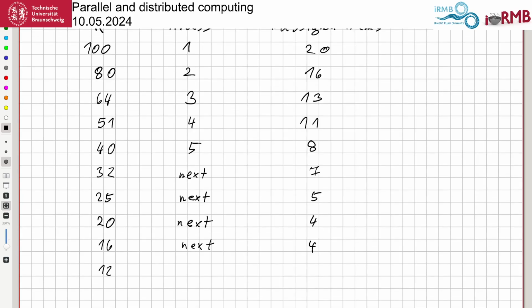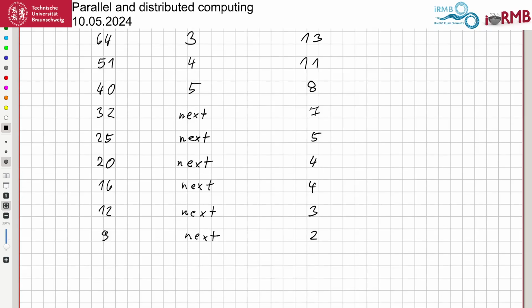Then gets 12. Next, so the next is 15, so it will be 3. And this gives us 9. The next coming here, this will be 2. 2 will be 7.